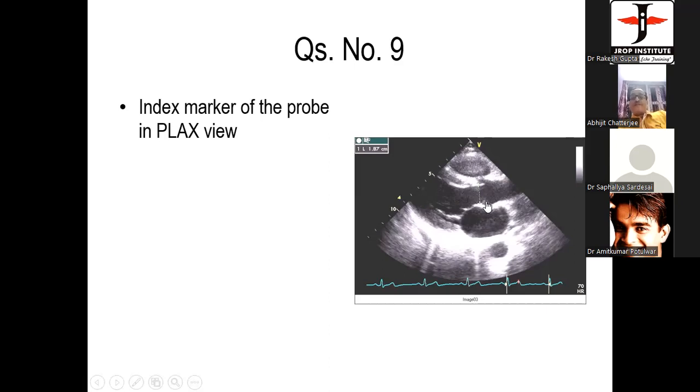What coronary leaflet did you see above this? No, there's no posterior. There's a right coronary artery and a left coronary artery. What leaflet is that? Right coronary cusp. Yes.